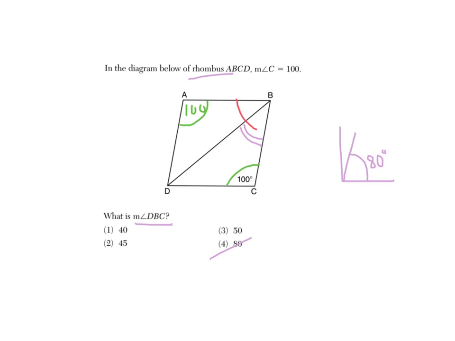This red angle, angle B, the entire angle, has to add up to 80 degrees because the consecutive angles have to add up to 180. If that's 80 and it's getting split by this diagonal, and since we're dealing with a rhombus, it would tell us it would be an even split of 40 and 40. So the answer is choice 1.